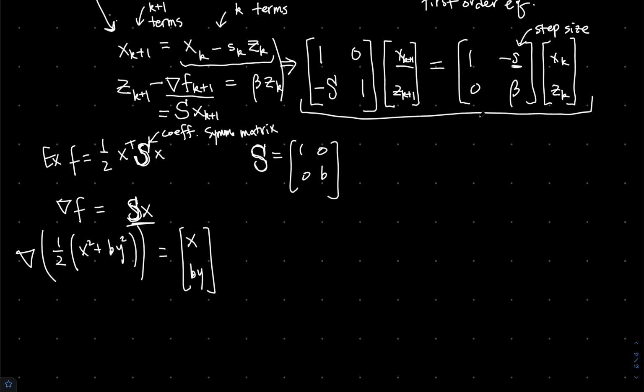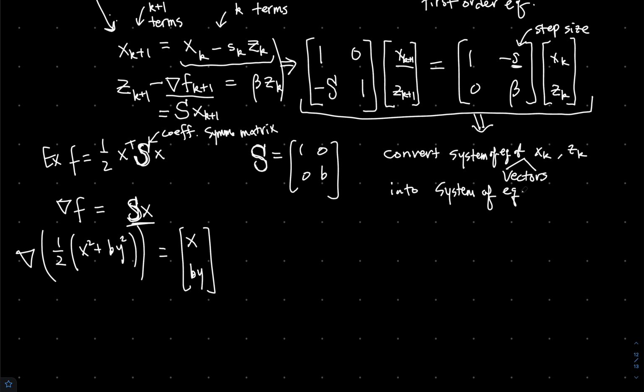Now, we are going to do one more thing. We are going to convert the system of equations of vectors xk and zk into a system of equations of scalars ck and dk.